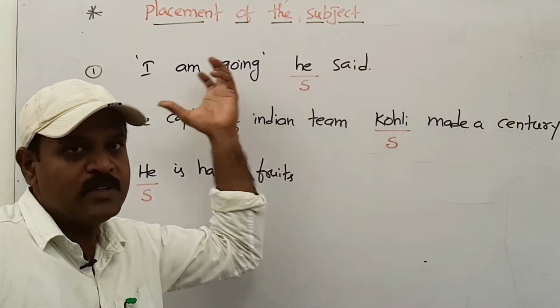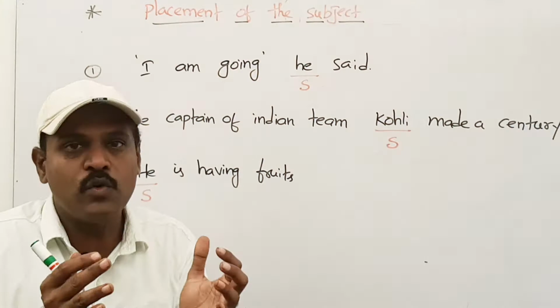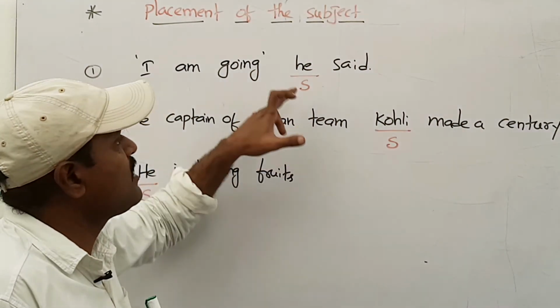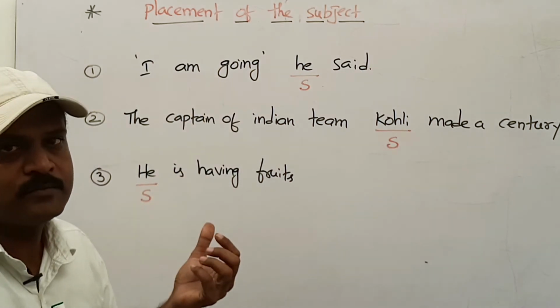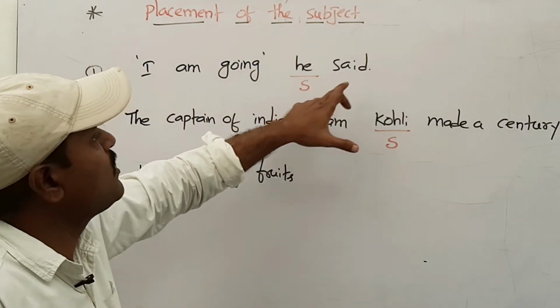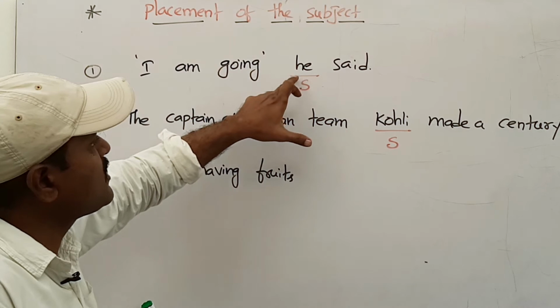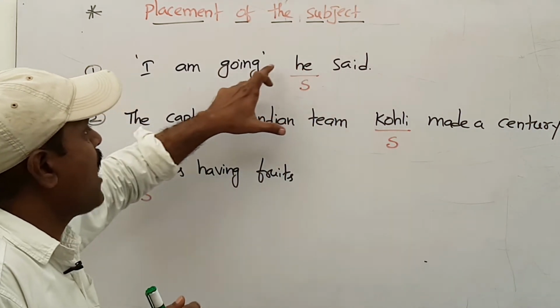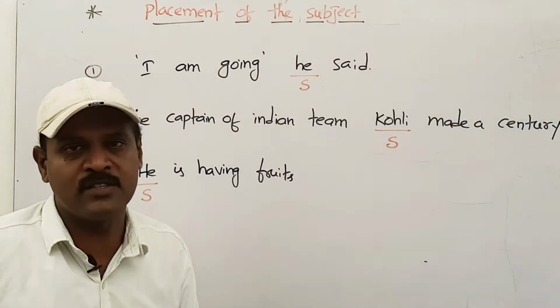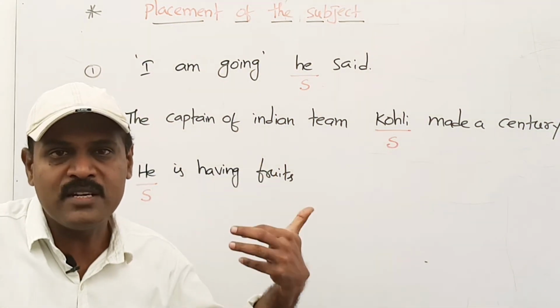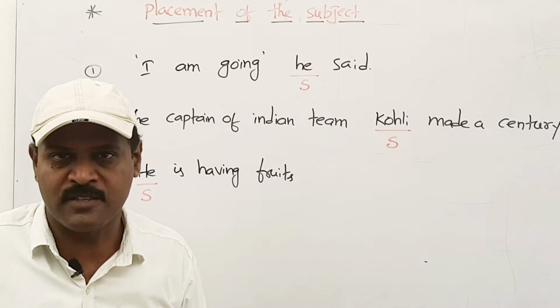He said he is going somewhere else. So the real subject here is he. The subject is at the end of the sentence; the subject is he, said is the verb, and the object is I am going. So it is inverted like that. Usually you can see this kind of sentences in direct and indirect speech.